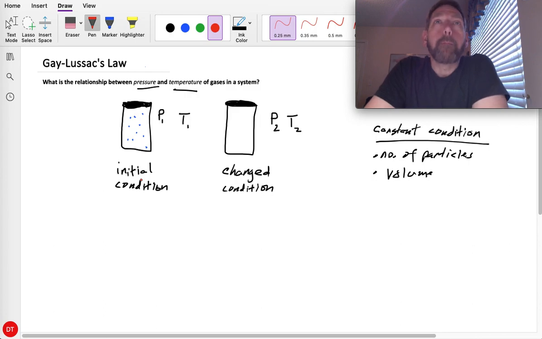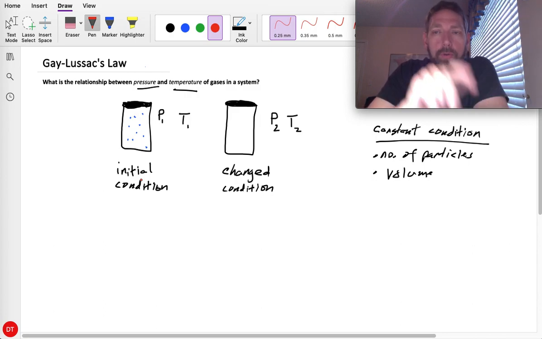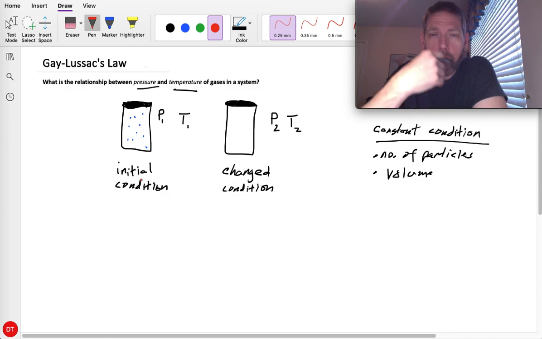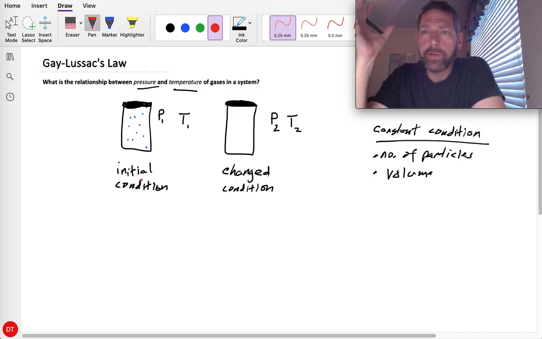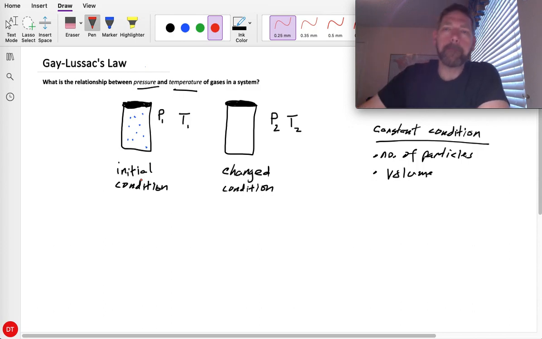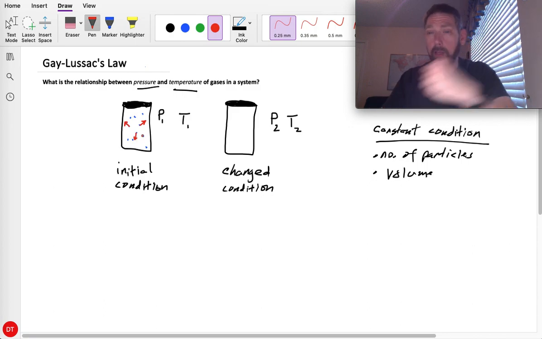Now, if we were to assume something with our initial condition, let's assume that it's at some temperature. It's at temperature X. We don't need a number, it's just whatever that temperature is. Then whatever the temperature is, the gases, as they move around, are going to be exerting pressure on each other as they collide.